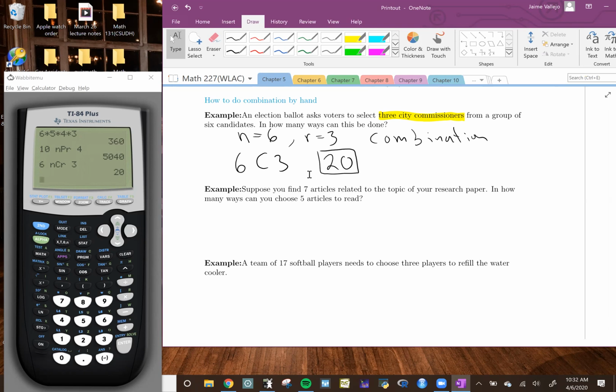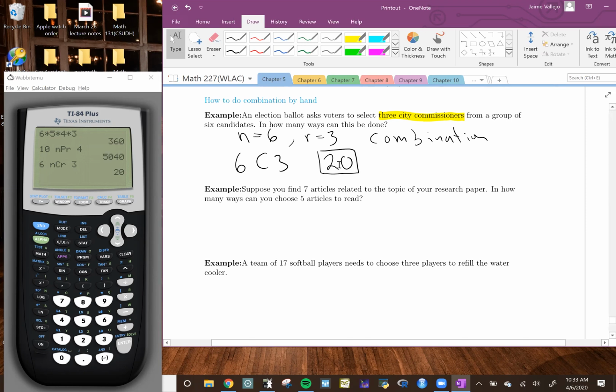Because with the permutation, don't you have to do 6 times 5 times 4 times 3 itself? Technically, mathematically, that will be correct. But the 20 is telling us the order doesn't matter, correct? But with permutation, order does matter. So if order does matter, wouldn't that mean that we will have more than 20?